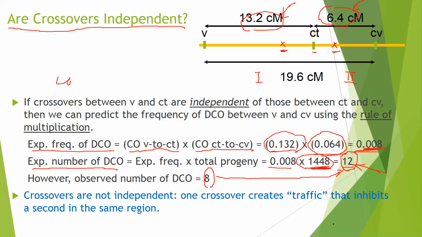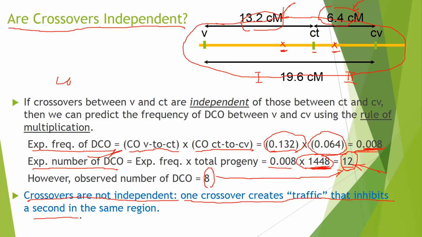All right, so if this makes sense to you, then we can make a conclusion here. In this case, the crossovers are not independent, which means if we look at the entire region, the map of the three genes, if one crossover occurs anywhere, that one crossover will create traffic that can inhibit the second crossover in this region, in this map.